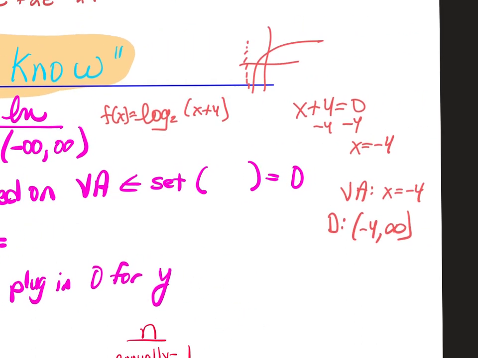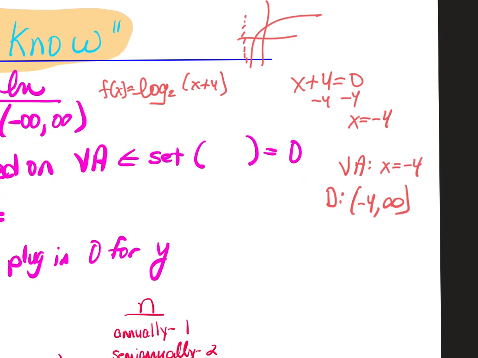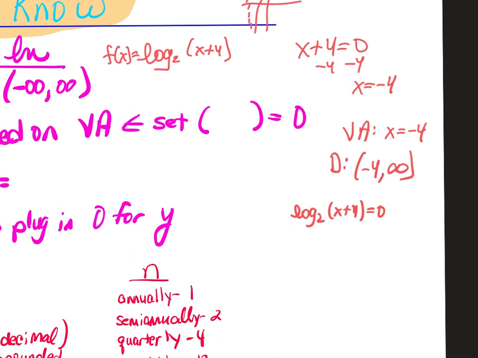Now, if you're trying to find the x-intercept, remember we plug in 0 for y. So I'd have log base 2 of x plus 4 equals 0. So guys, we've already learned this. What's the opposite of logs? Exponentials. So I have a big 2, and then I write log 2 x plus 4 equals big 2 to the 0 power. Well, 2 and log 2 will cancel out.